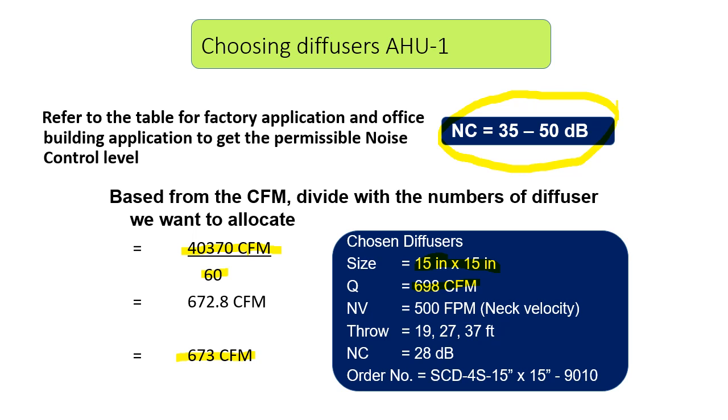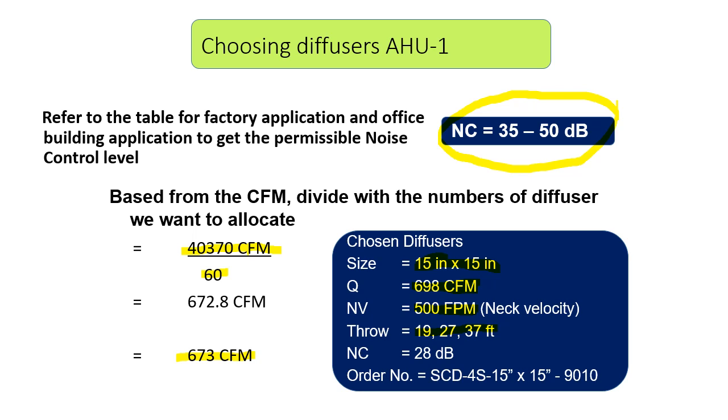And for this size and this amount of CFM, you will have a neck velocity of 500 feet per minute. And if you see the catalog, then you can see what is the throw for the diffuser. In this case, we have 19, 27 or 37 feet throw.